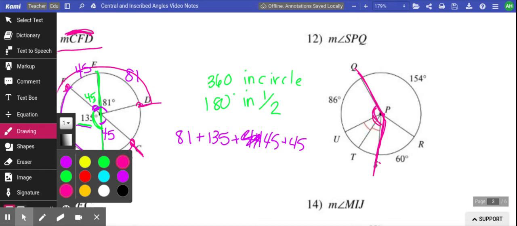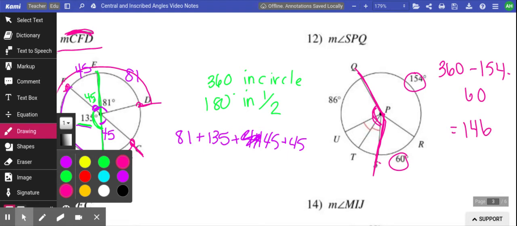Okay, so we have to start with how many degrees are in a circle. Well, there's 360. If we subtract 154 and minus 60, that gives you 146.